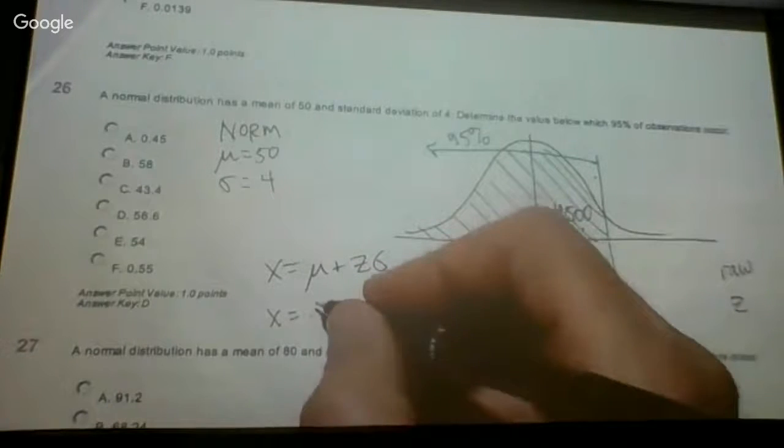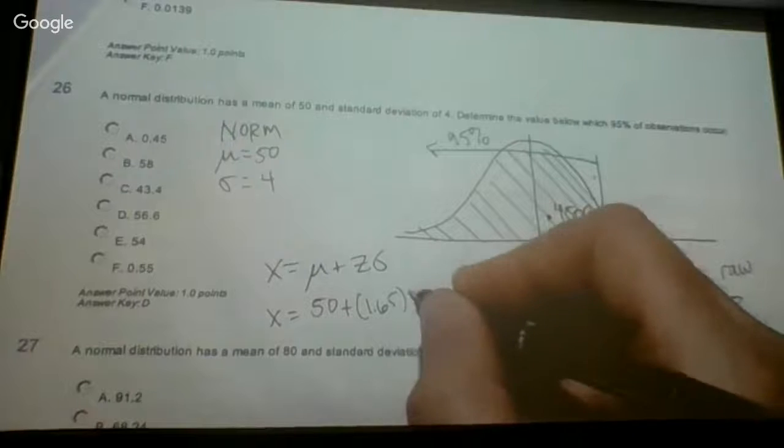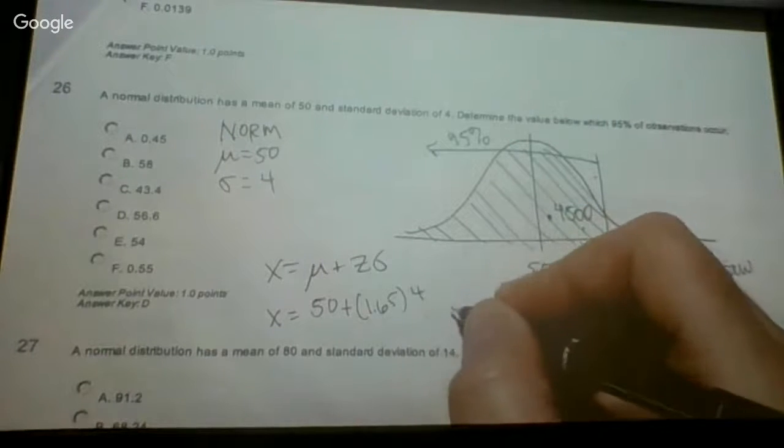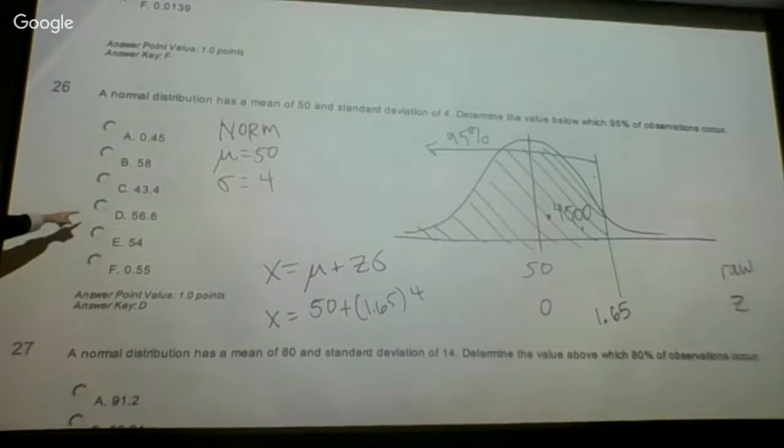X equals mu, which is 50, plus my z-score of 1.65 times my sigma, which is 4. What do you get? Drew, what you got? Something around 56.6. The answer says D.